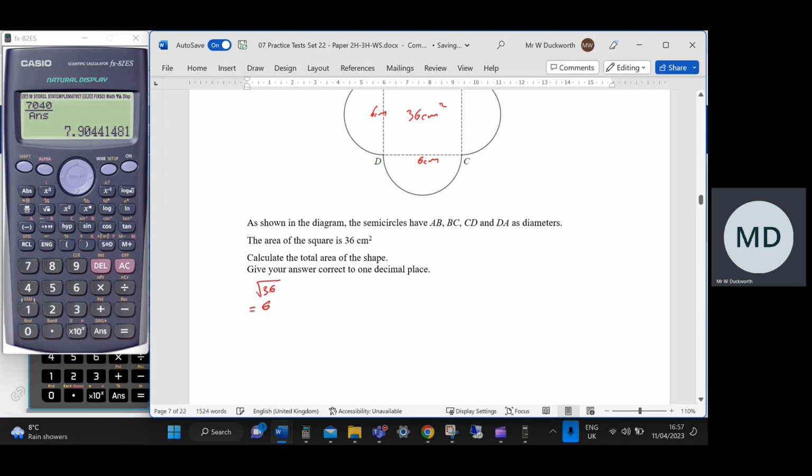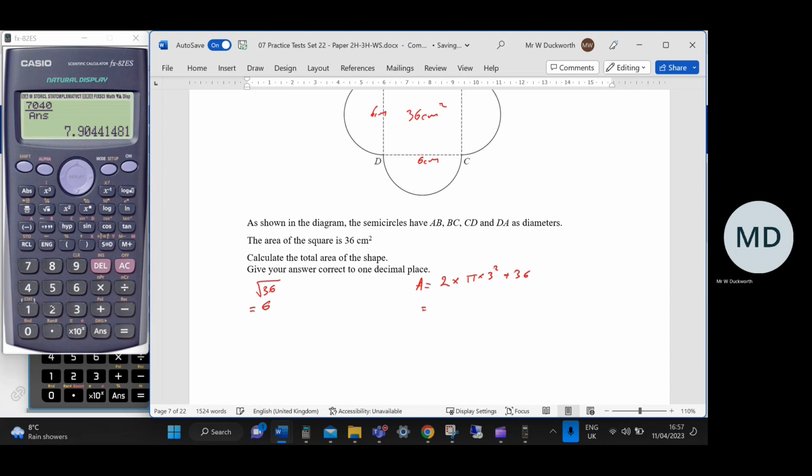So in effect, that tells me then that the total area of the shape is going to be equal to 2 of those circles. If the diameter is 6, then the radius would be 3. So I want 2 lots of pi r squared, pi times 3 squared, and to that I need to add on 36. So that's going to be equal to, and I can type it in just like that.